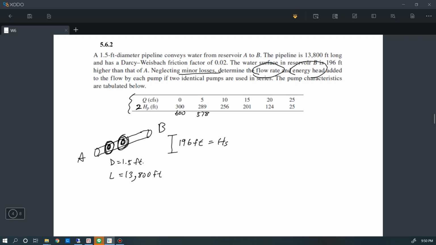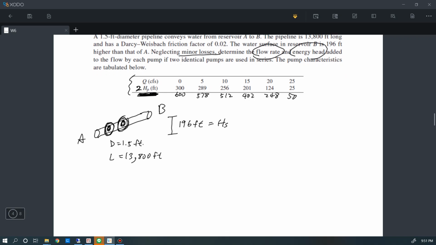These become this number and 50. Okay, so we use exactly the same process as problem 1 in this recitation to solve this problem, but with the new HP, which is equal to the original pump energy times 2.